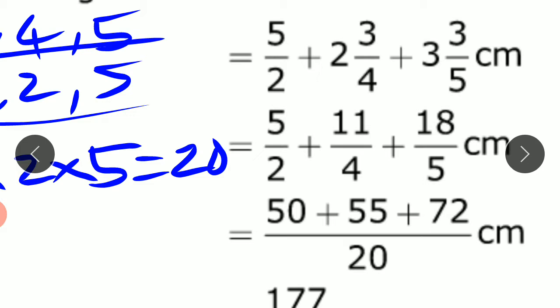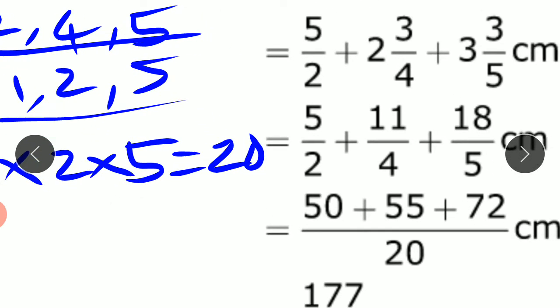Now we directly write the step, because in previous questions we learned how to change each fraction into a like fraction. So now we can write it shortly. The LCM 20 we take as the common denominator.